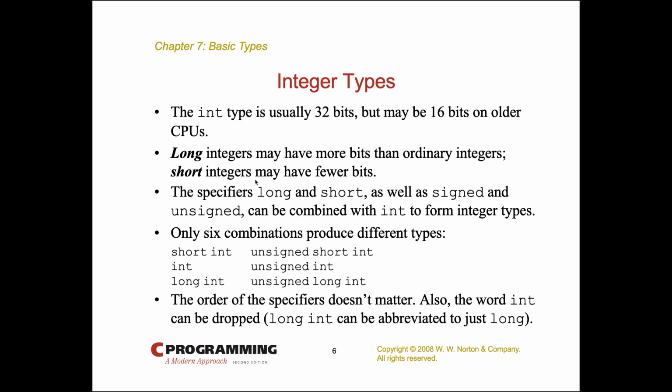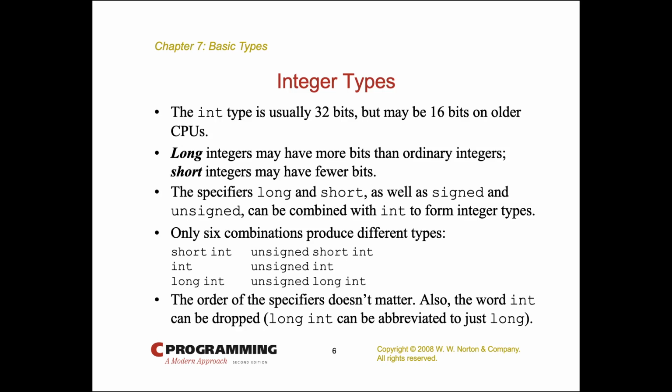Long integers may have more bits than ordinary integers. Short integers may have fewer bits. So long and short, as well as signed and unsigned, can be combined with int to form integer types.